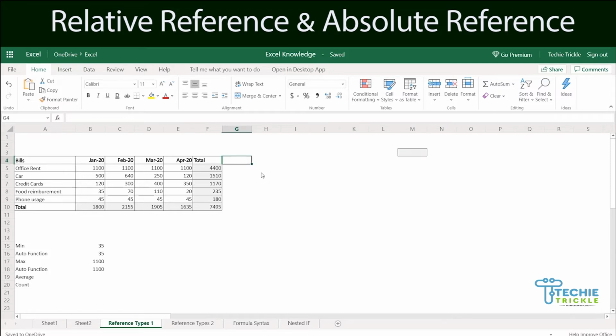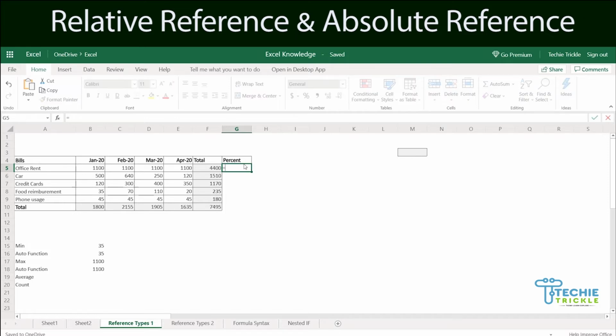Now what if you want to find a percentage? So now I want to find the office rent that you are paying, which is of the total value. What is the share, or what is the percentage of rent?